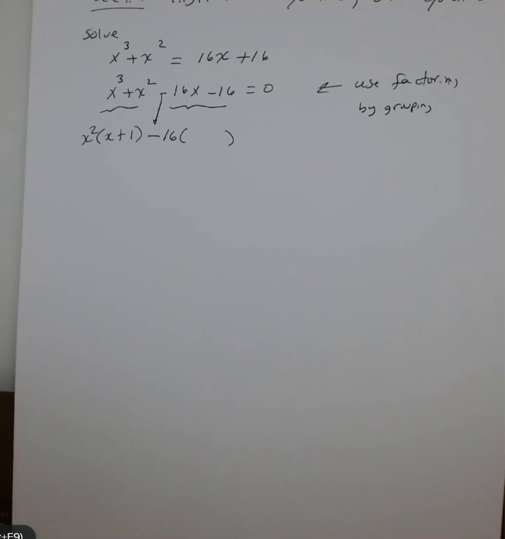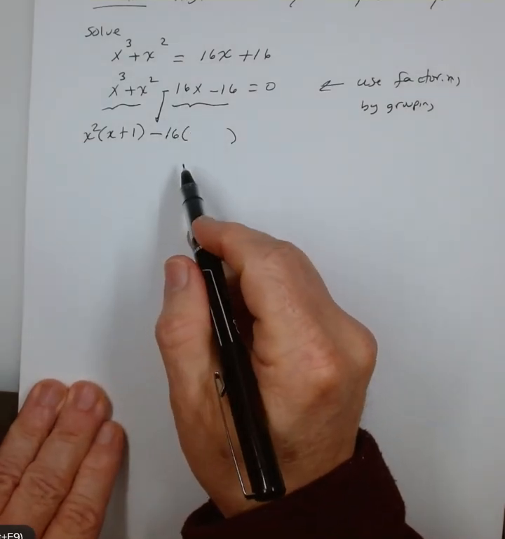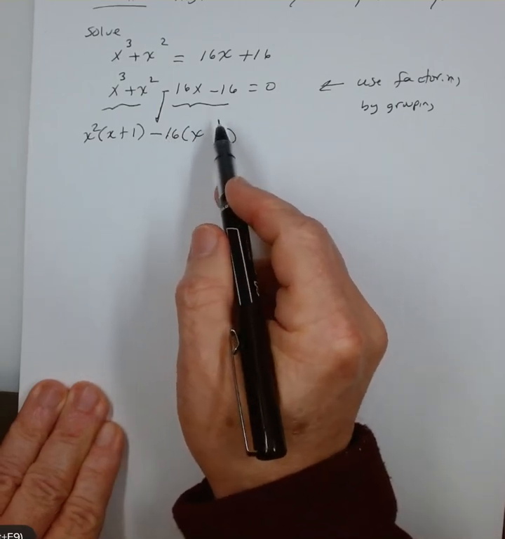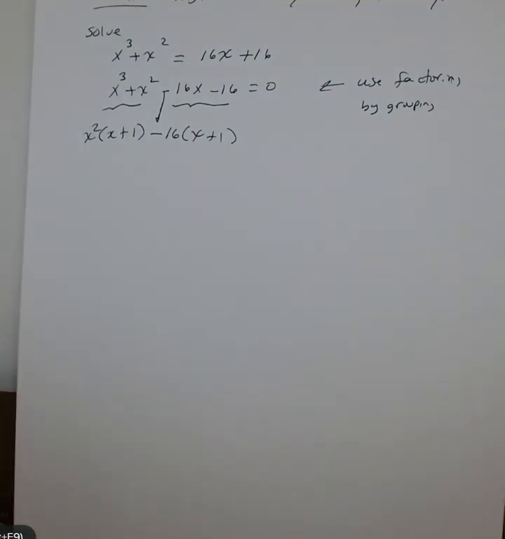Now, if you're doing this correctly, if you can use grouping here, this and this should be identical. So what should I have in that other parentheses? X plus 1. So let's check it. Negative 16 times what is a negative 16x? X. Negative 16 times what is a negative 16? Positive 1.